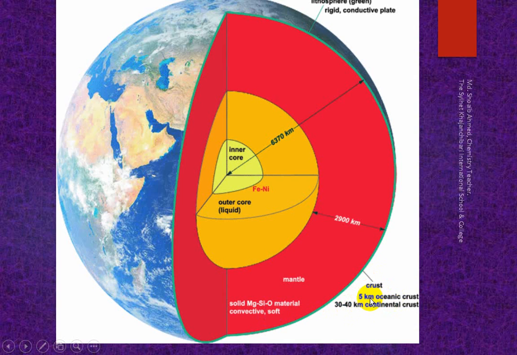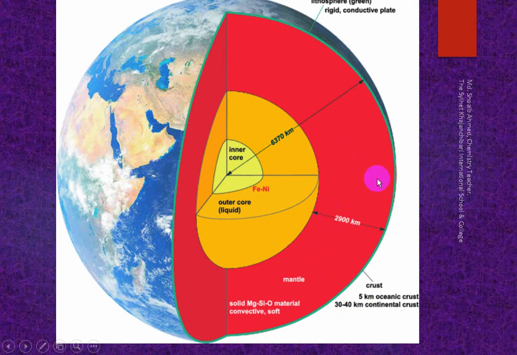In the ocean, the crust is 5 km, and in the continental crust, like land, it is 30 to 40 kilometers. The mantle thickness is 2900 kilometers. Mantle contains magnesium, silicon, oxygen material.